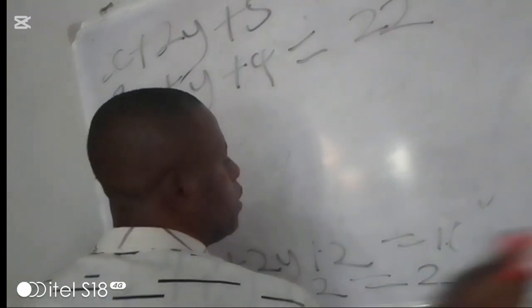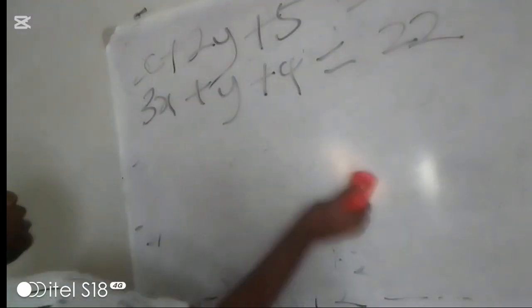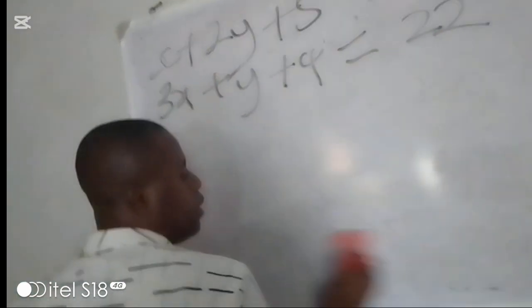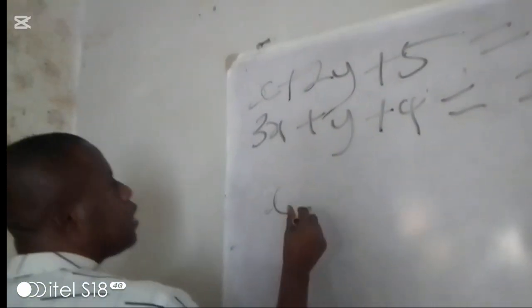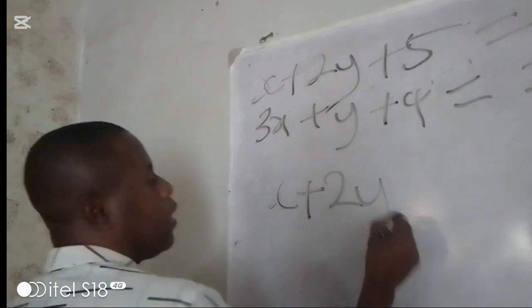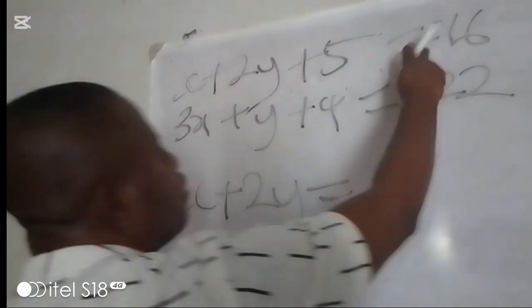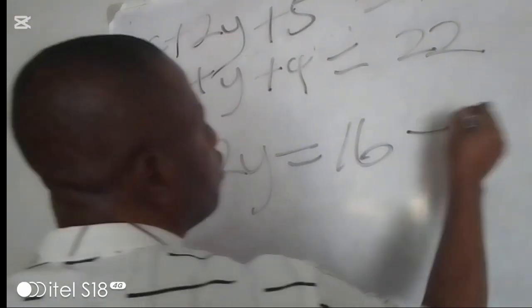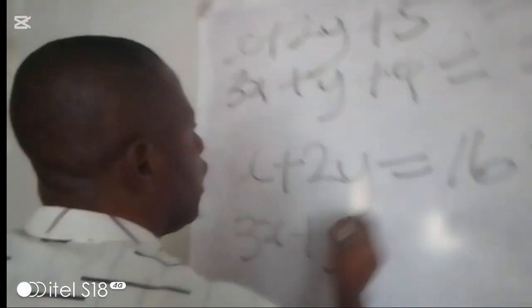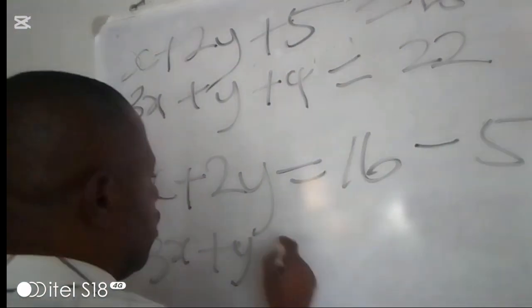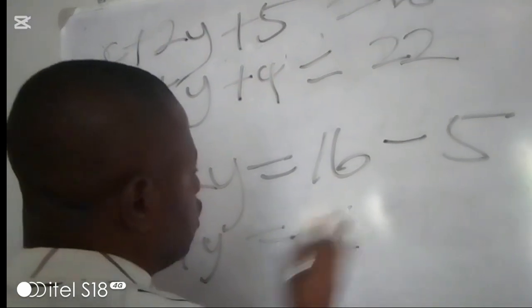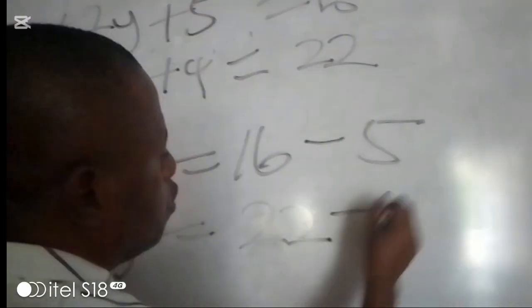This can be further written as x plus 2y equal to what? This plus 5, when it crosses this equality sign, becomes minus. It becomes 16 minus 5. This equation becomes 3x plus y. This plus 4, when it crosses the equality sign, becomes minus. Equal to 22 minus 4.